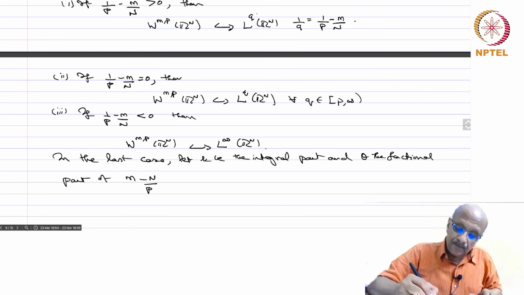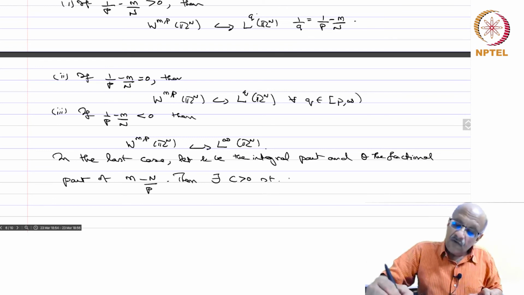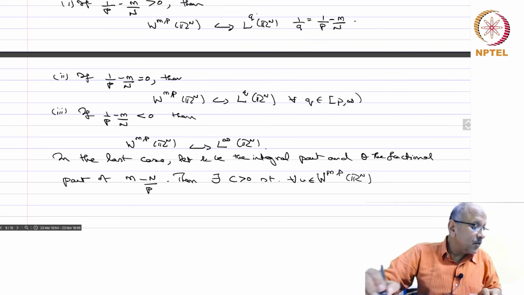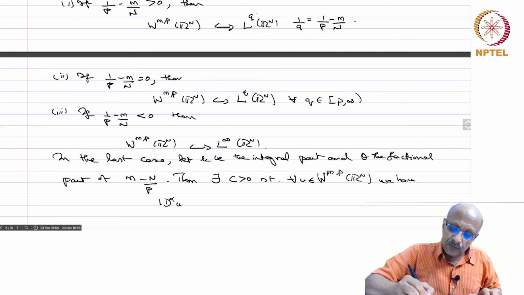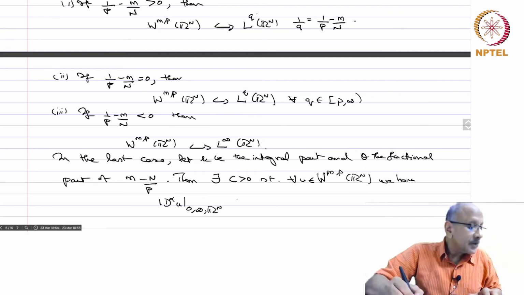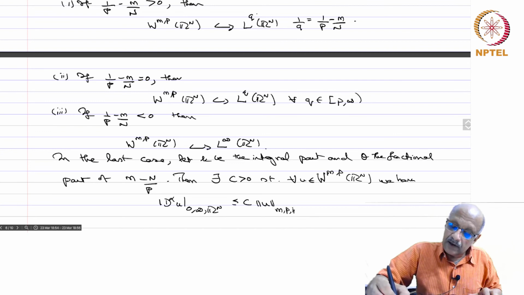Then there exists a C positive such that for all u in W^{m,p}(Rn), we have the L infinity norm of D^alpha u is less than C times the norm of u in W^{m,p}(Rn) for all |alpha| less than or equal to k.